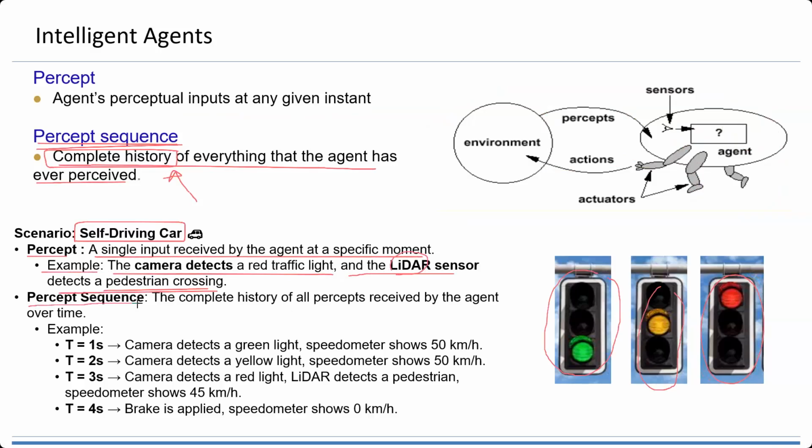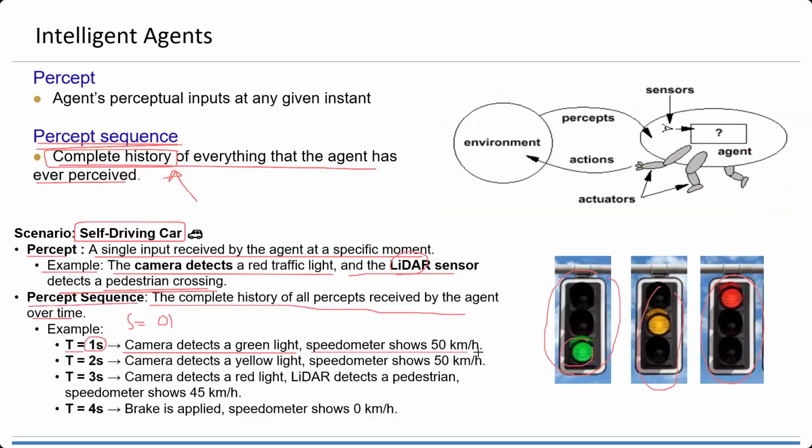The percept sequence means we can check the complete history of all percepts received by an agent over time. Let's say in the time stamp, at second 1, the camera detects the green light. So maybe from far away, the camera sees the green light.